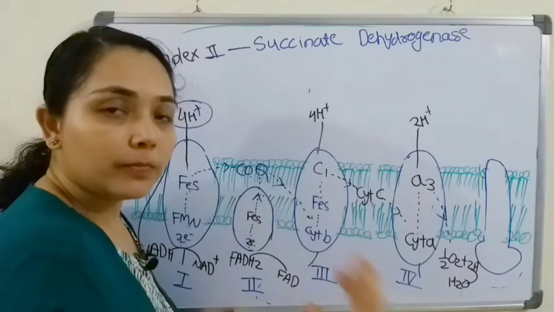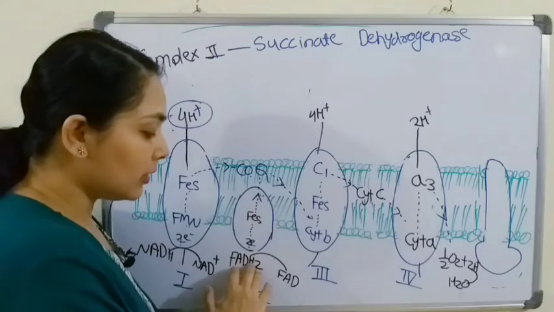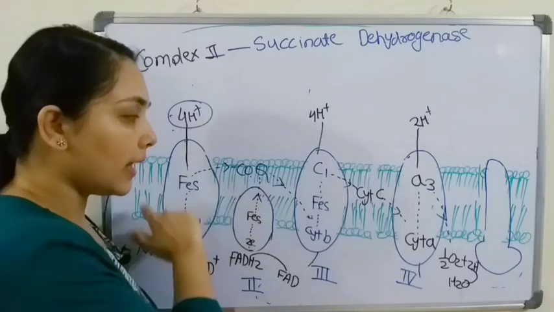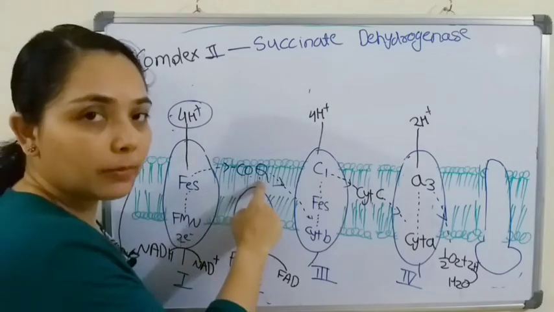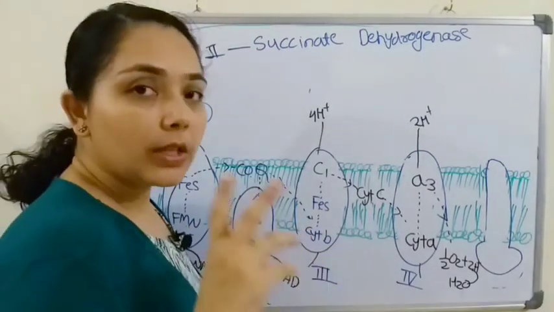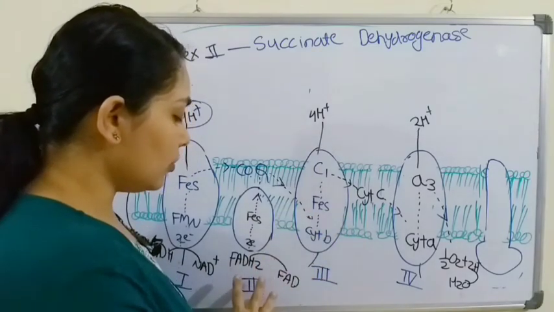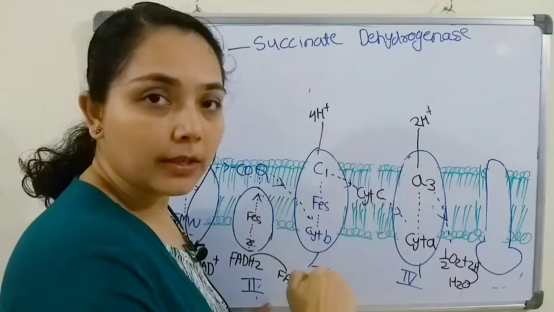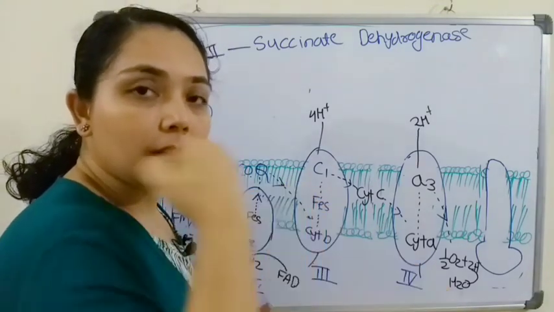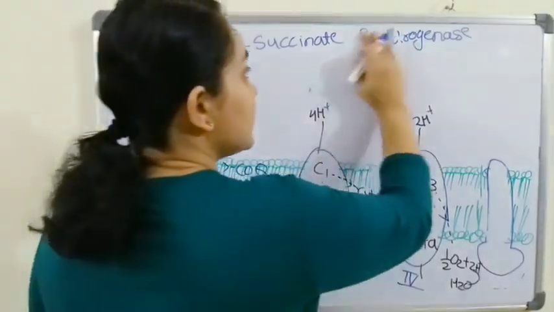Okay, so from there FADH2 will come directly here, and FADH2 will donate its electron to the iron sulfur cluster, and from the iron sulfur cluster, like complex 1, it will come to coenzyme Q. As I said, when succinate was converted to fumarate, the substance which is oxidizing here is succinate.